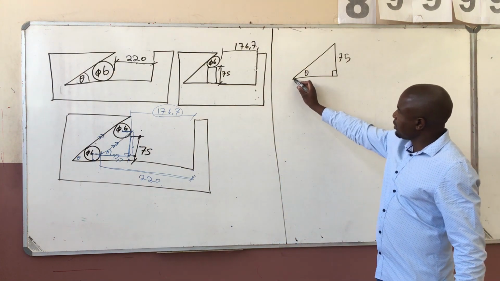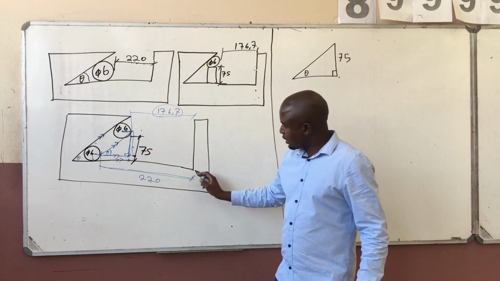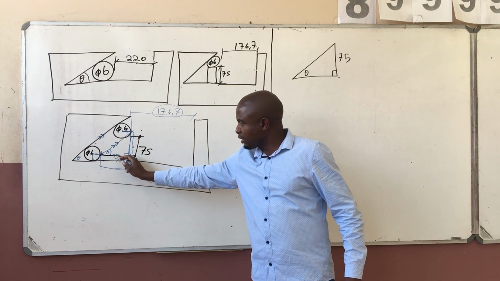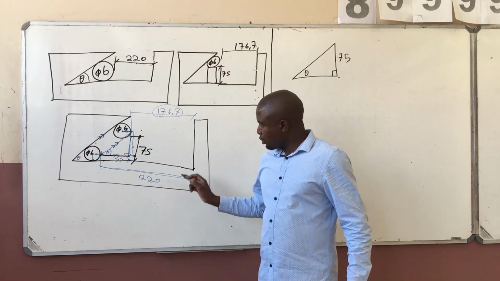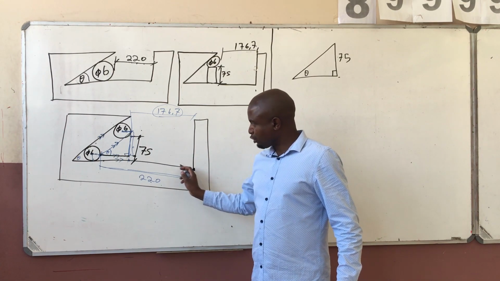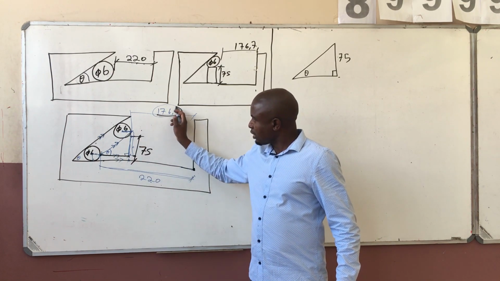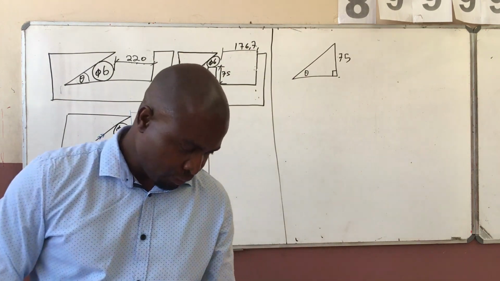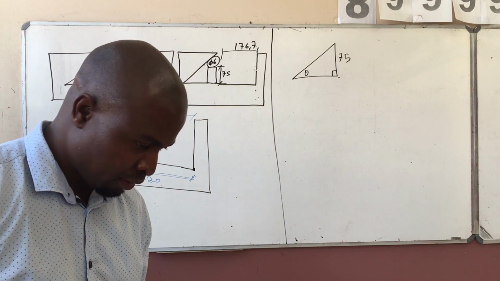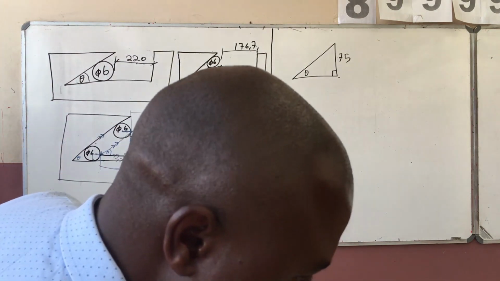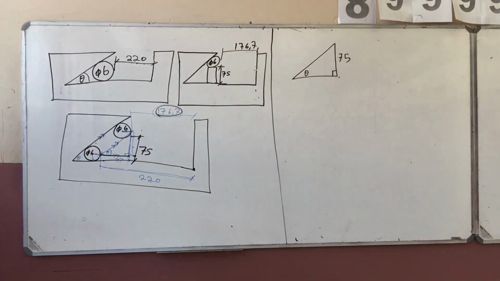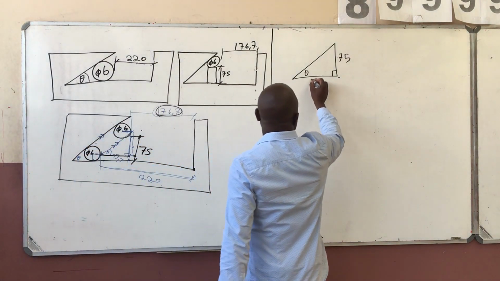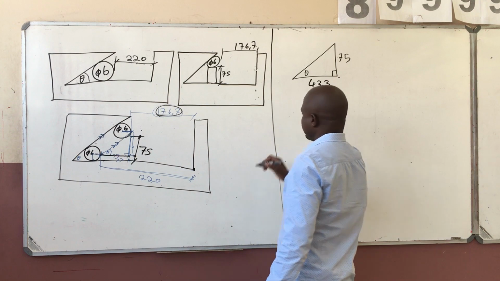The distance from here to here is the total distance up until there, and as you can see, it also covers this distance, so I have to subtract the distance from there to there. So I'm left with that distance, and when I subtract, it gives me 43.3.